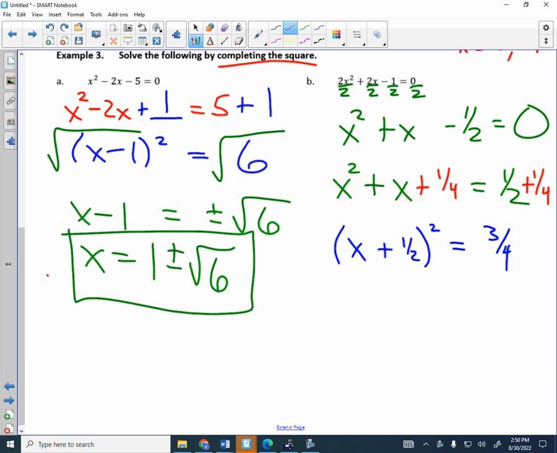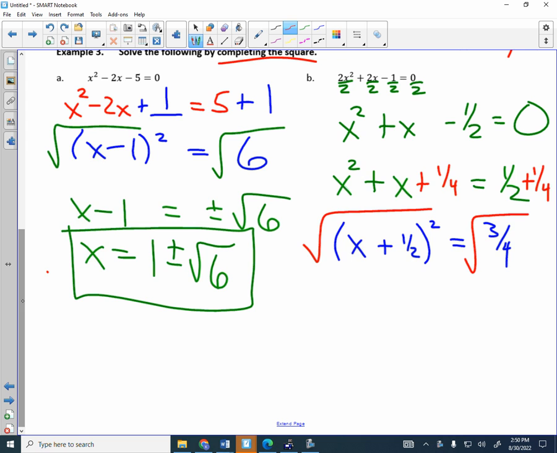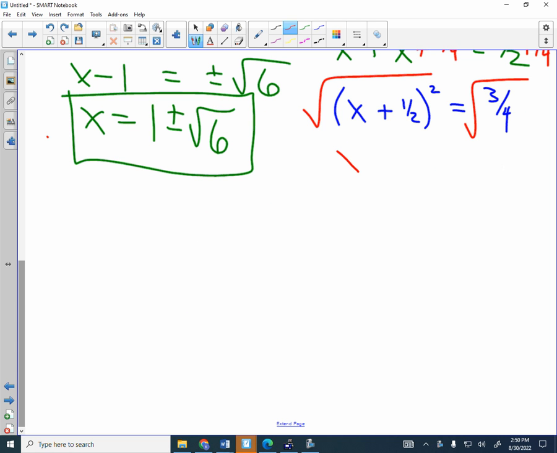Now what do? Square root. You were allowed to make noises when you were doing mathematics as well. X plus a half is equal to plus or minus. Can you take square root of the top? You just got the root of 3, right? How about the square root of the bottom? Square root of 4 is 2.